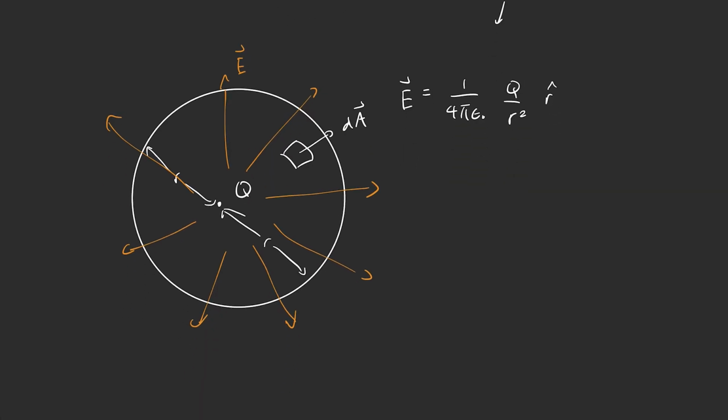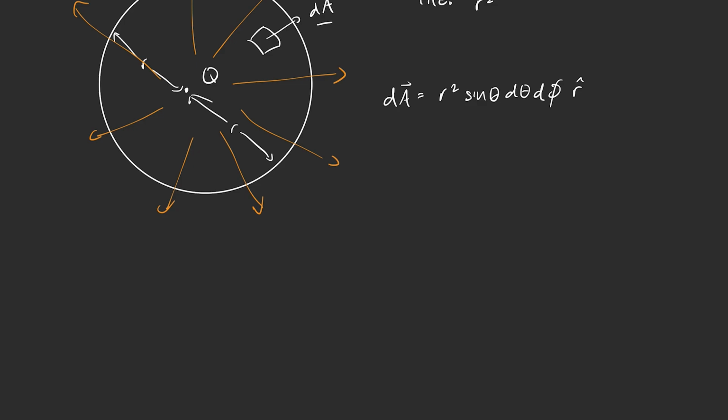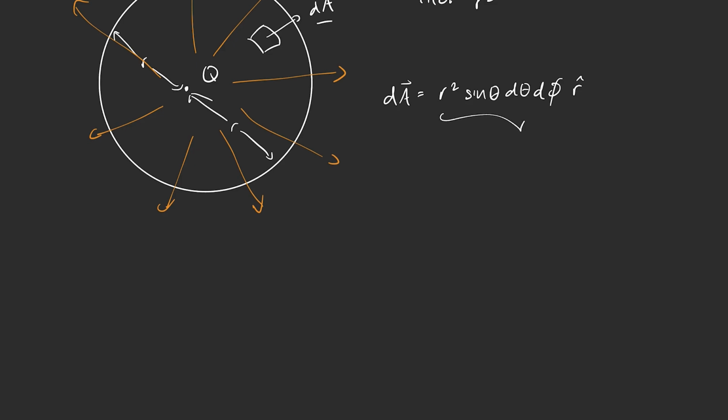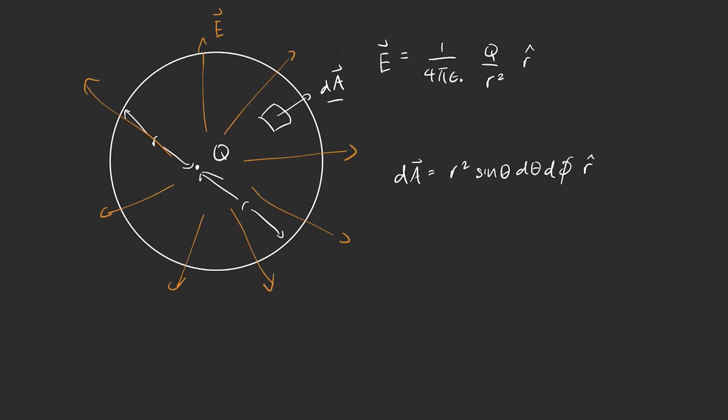In spherical coordinates, this dA can be written as r squared sine theta d theta d phi with our r hat unit vector. This is a given result, but you can search this up online, or I can make a future video explaining spherical and cylindrical coordinates. And of course, we use spherical coordinates because we're working with a sphere.